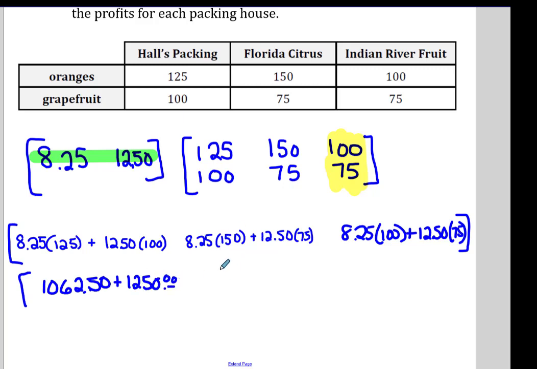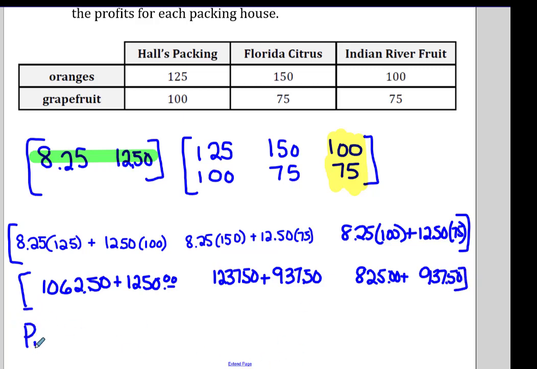This one is going to be 1237.50 plus 937.50. And this last element will be 825 plus 937.50. And then adding those up so that we know each of the profits.